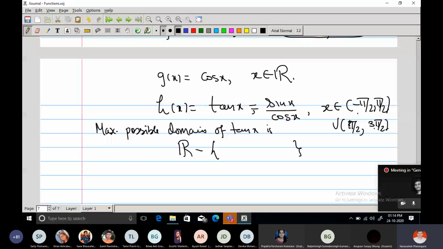So odd multiples of pi by 2, right? Am I right? Is it correct? You have to just exclude the odd multiples of pi by 2 at which the denominator is going to become 0. So that's the problem. Otherwise everywhere it is well defined.